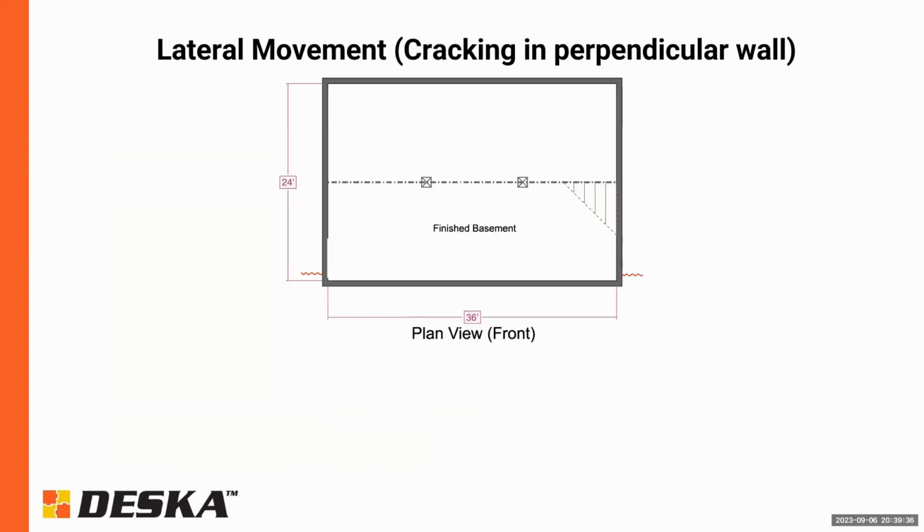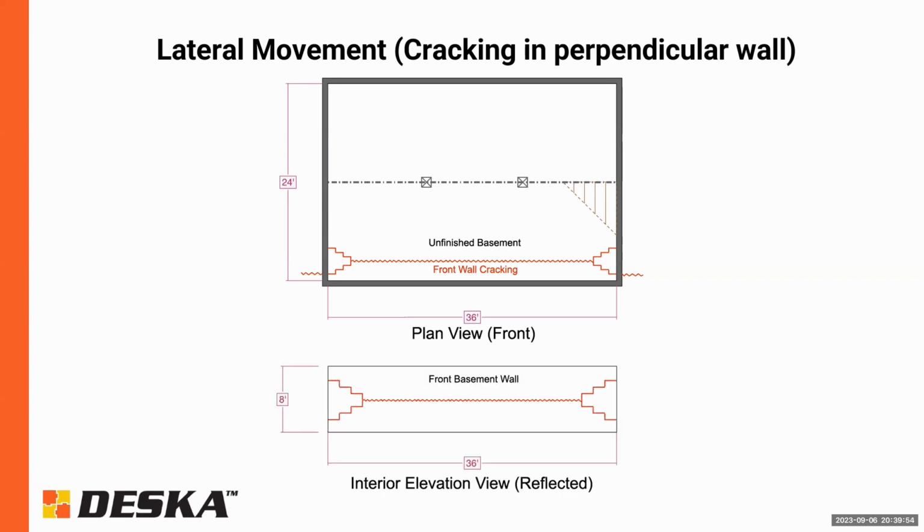If you take a finished basement like this and you can see these little cracks on both sides of the front corners, and you were to remove that drywall on the inside, oftentimes this is approximately what you would see. If you were inside of the basement staring at the wall, that's essentially a textbook case of what you would see: the long horizontal crack, essentially the hinge of the wall bowing inward.